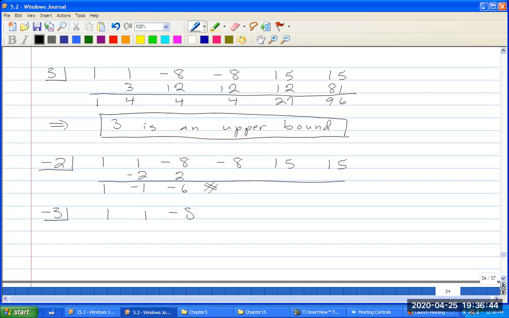1, 1. Certainly 4 would work. Okay, so 1 minus 3 gives you a minus. Oh, wait. So let's try 4. 3 doesn't work, but maybe 4 does. I don't want to give a 2 that's incorrect. So let's do 4. Okay, so minus 4 gives you minus 3, which gives you a 12.